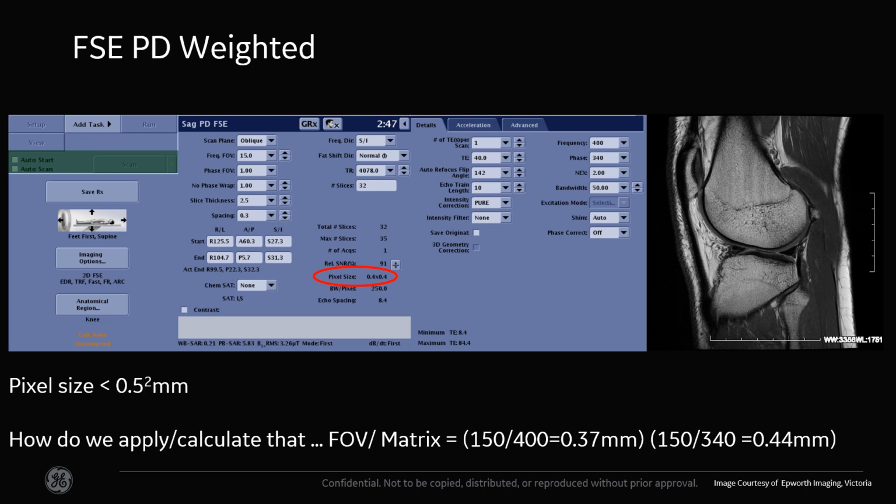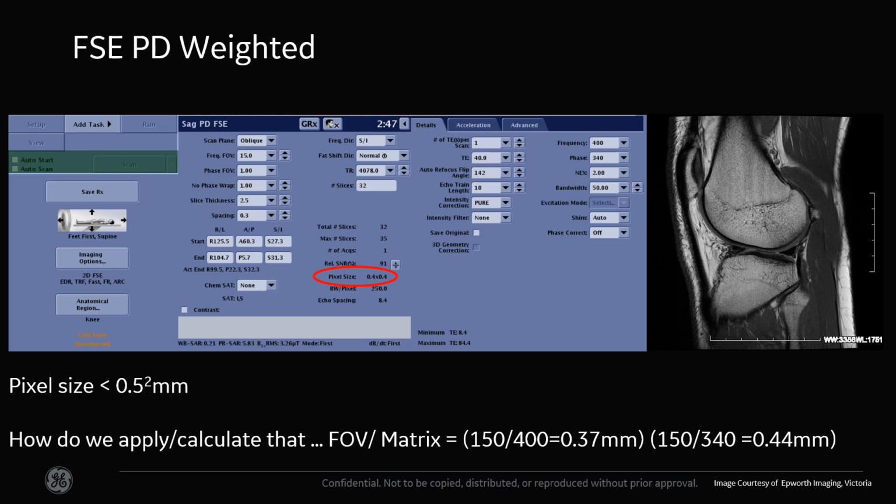So as I've just mentioned, pixel size is also very important in MSK imaging. In musculoskeletal imaging, it is optimal to have a pixel size below 0.5 of a millimeter squared. On most GE platforms, that data is easily displayed on the main page.